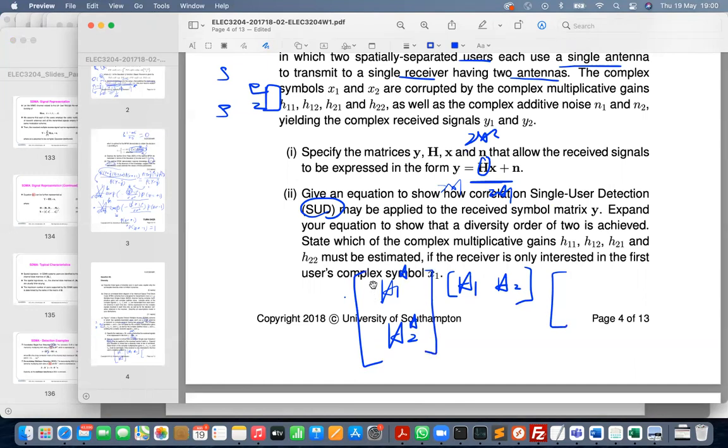So H1 Hermitian transpose and H1 would give you signal power, and H1, H2 would give you interference.